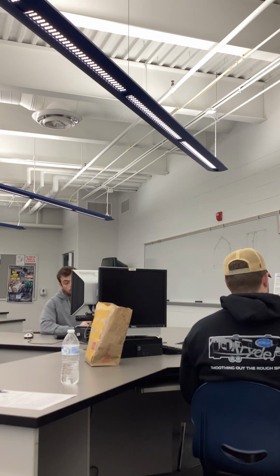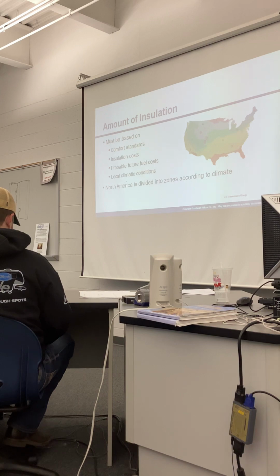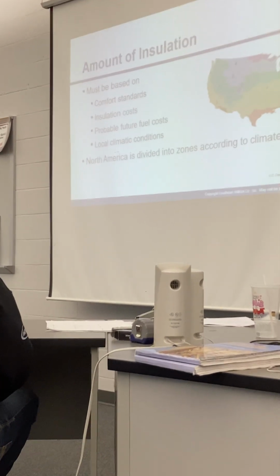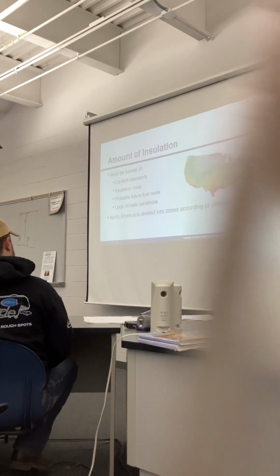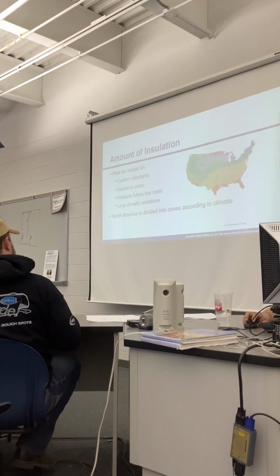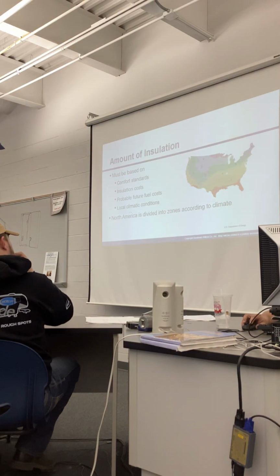Okay, here we go. Here is a map based on comfort standards, insulation costs, local climate conditions. North America is divided into zones according to the climate. So 1 is Florida, the Keys. 2 is Southern Texas. 3 is here, all the way over there. 4 is where we're at.